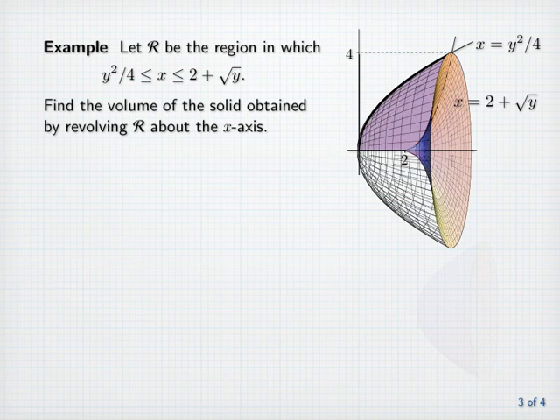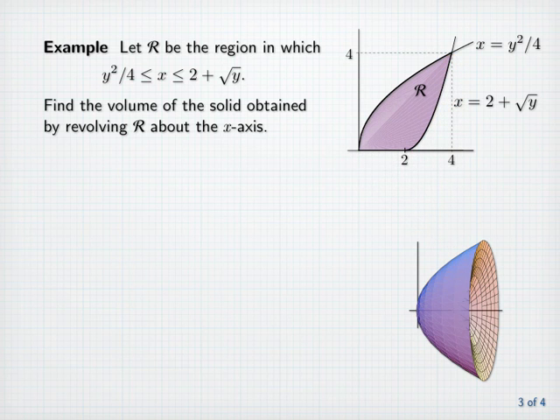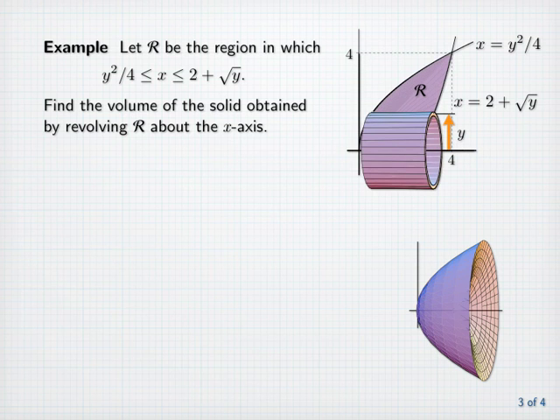Now let's think about taking a slice of the region parallel to the axis of revolution at height y and revolving that about the axis to form a typical cylindrical shell. Here the thickness of the shell will be dy, so we need to express the shell volume completely in terms of y.